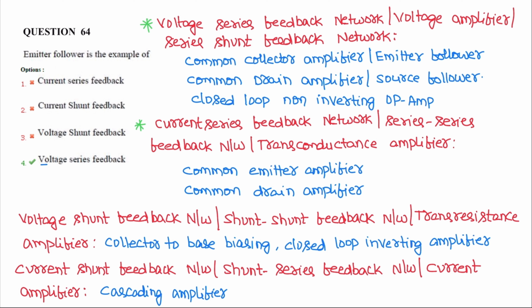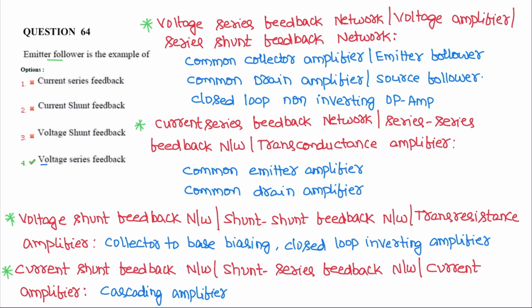Similarly, for voltage shunt feedback network or shunt feedback network or trans resistance amplifier is collector to base biasing, closed loop inverting amplifier. Then example for current shunt feedback network or shunt series feedback network or current amplifier is cascading amplifier. In the question, emitter follower.